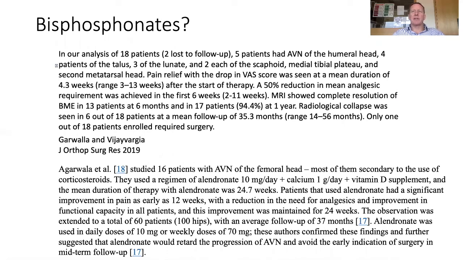Quite a seductive idea. Not sure it's absolutely a viable prospect, but nevertheless, there is very good evidence, I think, now that bisphosphonates in the early stages are excellent at relieving pain, and they may, and that's may underlined, have a role to play in slowing down progression.